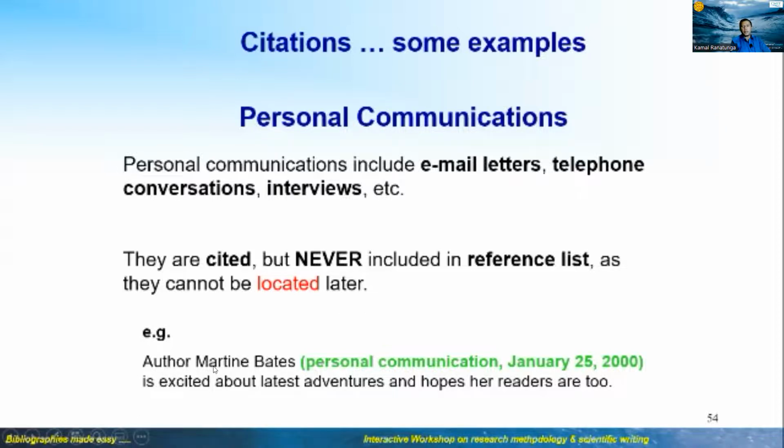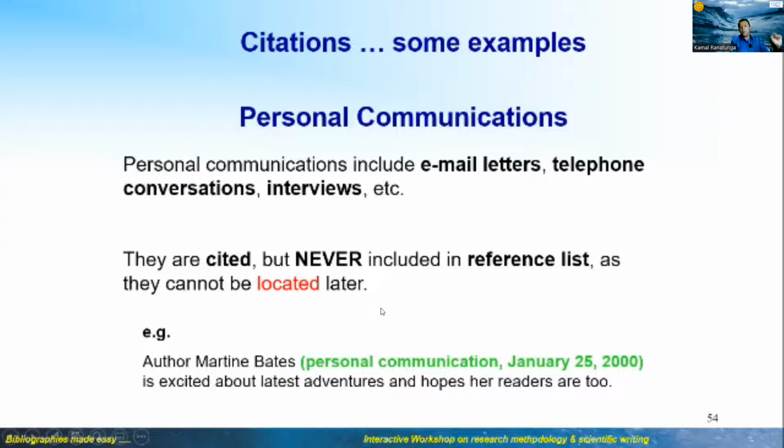The author's name is given here, or the scientist. You just give the name, mention "personal communication" within parentheses, and give the date of the conversation, telephone call or whatever. And you can say whatever the person said here.